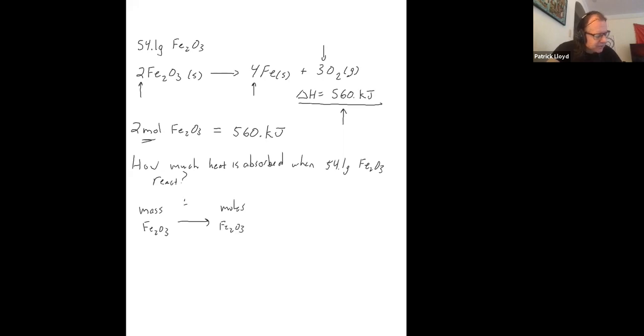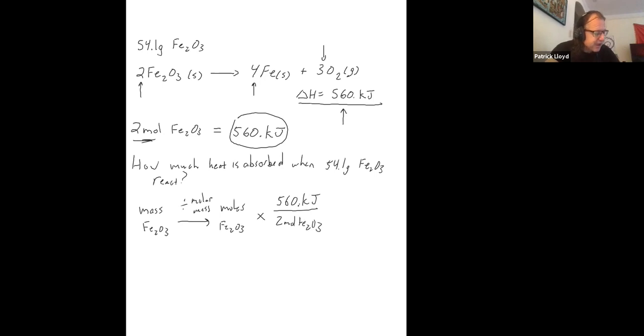We divide by the molar mass. If you divide by the molar mass, it'll give us moles. And then we have a relationship here. So then we can multiply that by the amount of kilojoules, the amount of heat that's going to be absorbed. I keep saying released because most reactions that we look at are released, but this one is absorbed, per 2 moles of Fe2O3.